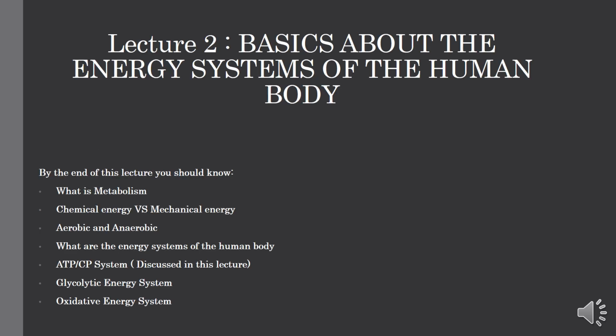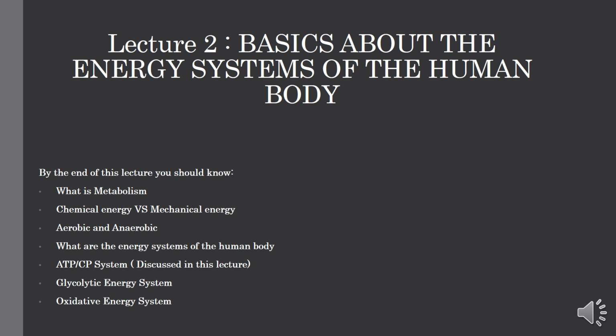Great. So this lecture is basically related to the basics about the energy systems of the human body. This is going to be a very basic yet knowledgeable lecture. So what does this lecture contain? By the end of this lecture, you should be able to identify what is metabolism, chemical energy versus mechanical energy, aerobic versus anaerobic.